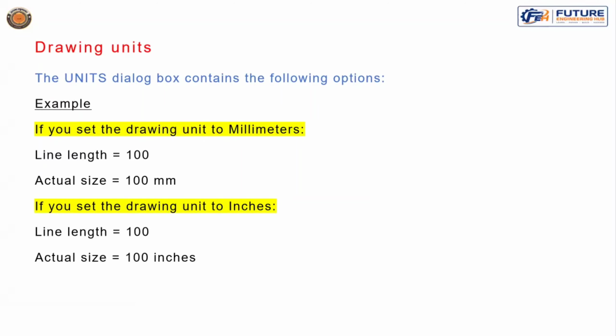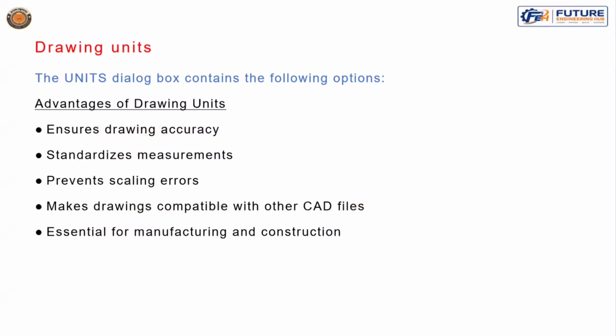Concept clear? Okay. Advantages of drawing unit: ensure drawing accuracy, standard measurement, prevent scaling error, make drawing compatible with other CAD files, essential for manufacturing and construction. Right up here.